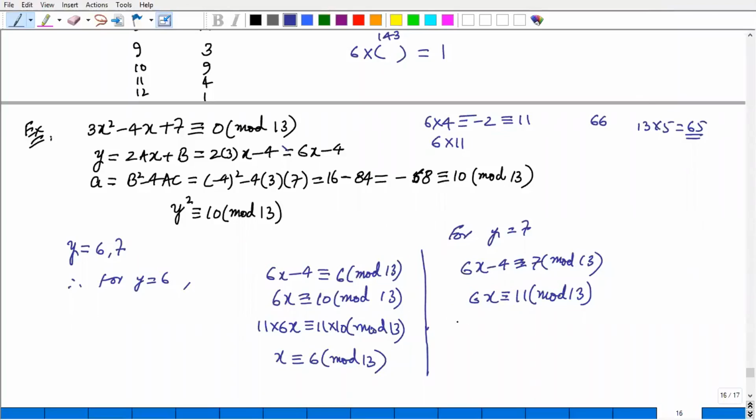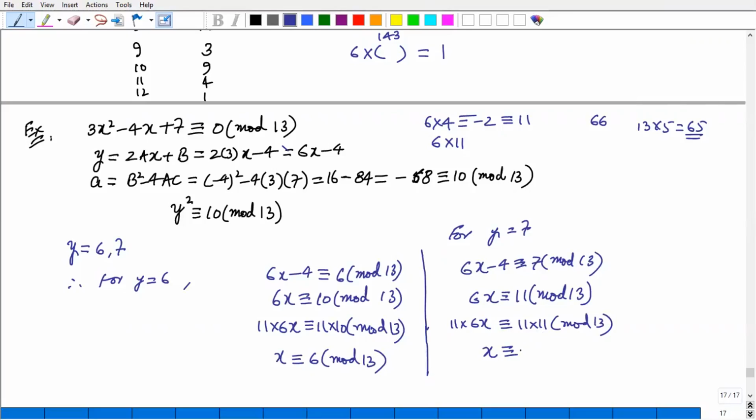Then we multiply by 11 here as well. So 11 times 6x is congruent to 11 times 11 modulo 13, and x is congruent to 121.